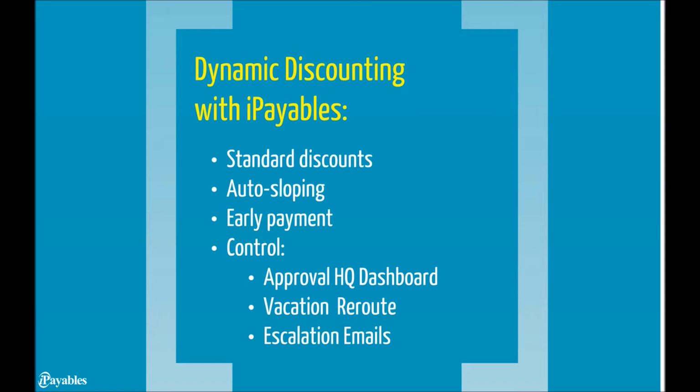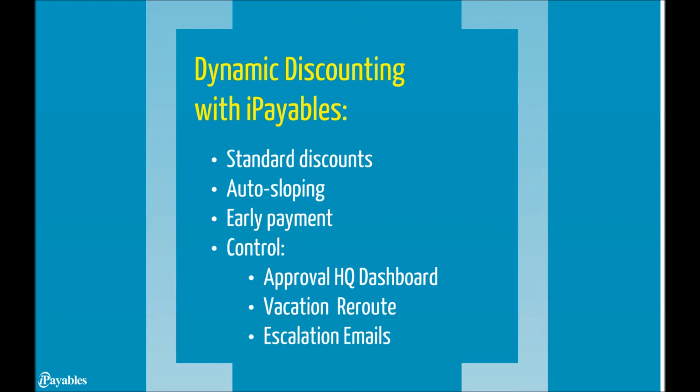So if it's approved at day 14 and we're paying at day 15, and it had a discount term of 10 days on there, we're going to prorate that discount. So instead of 2%, maybe you're only going to take a 1.7% discount, making it fair for the supplier because, hey, you're not paying as early as they wanted, but you're also not taking as big a discount as was agreed to. It's prorated, so it's fair.